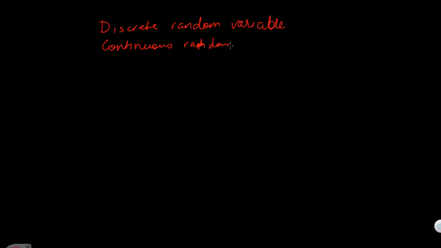So continuing on from that video, the two main types are discrete random variables and continuous random variables.